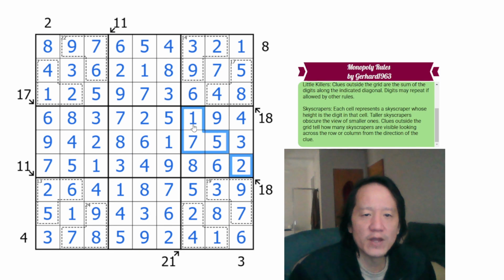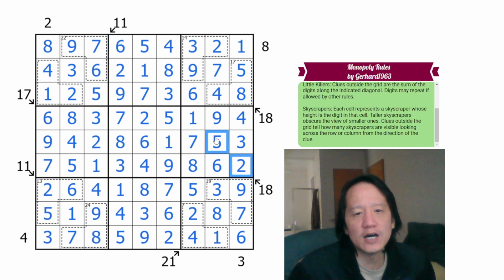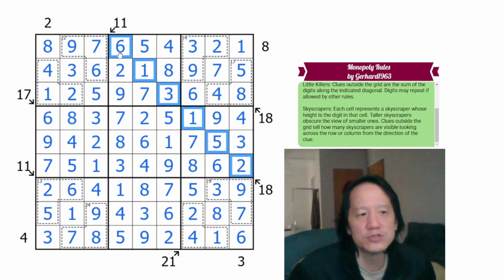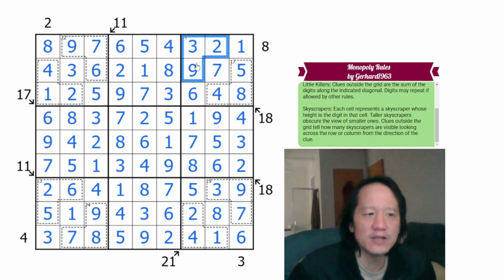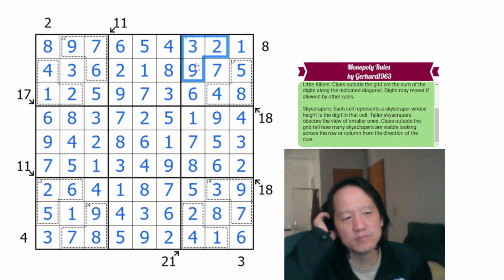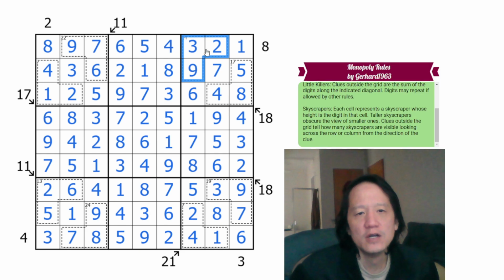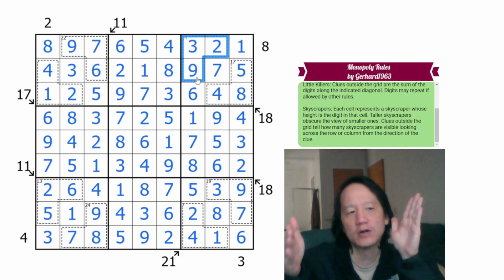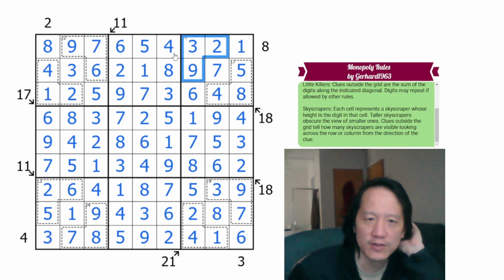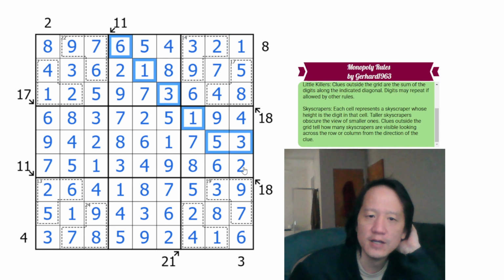So yeah, I hope I was clear. This is actually a very common technique. Anytime you use little killers or even sometimes anything that you have addition, usually addition, you usually try to find what the minimums and the maximums are, and that will constrain the digits that you can have, right?